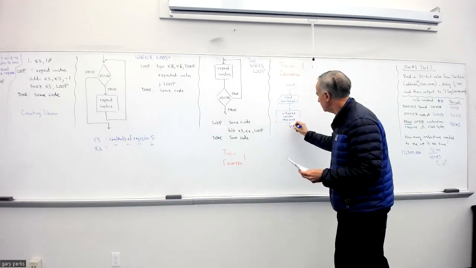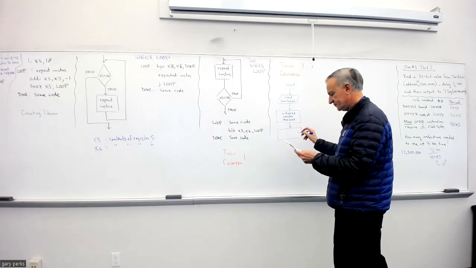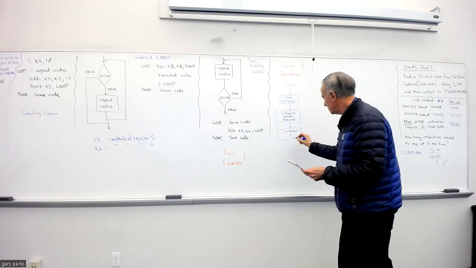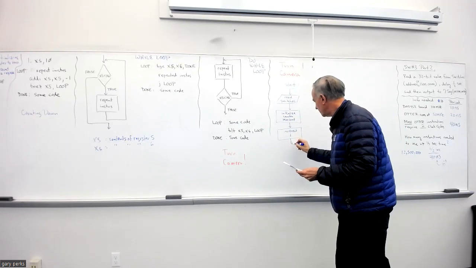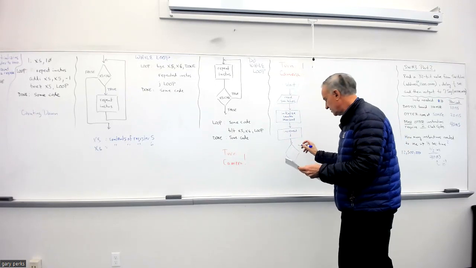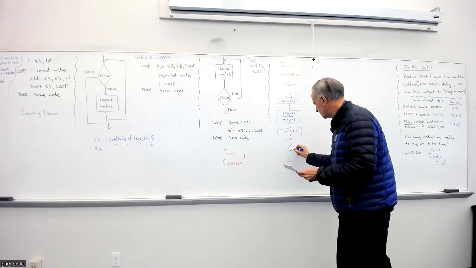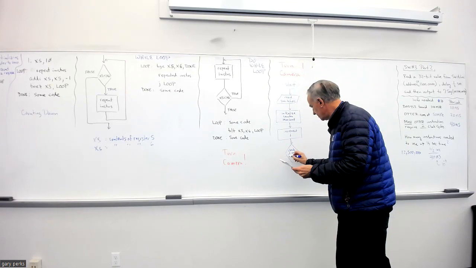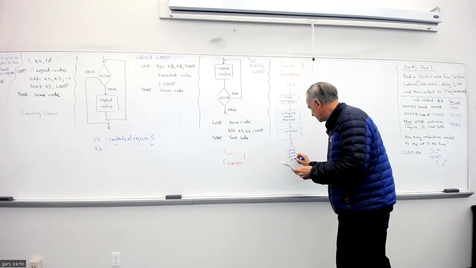Okay, then I'm going to increment by 1 before we go into the loop. Okay, I'm going to make a decision here. Check: is the counter not equal to max?